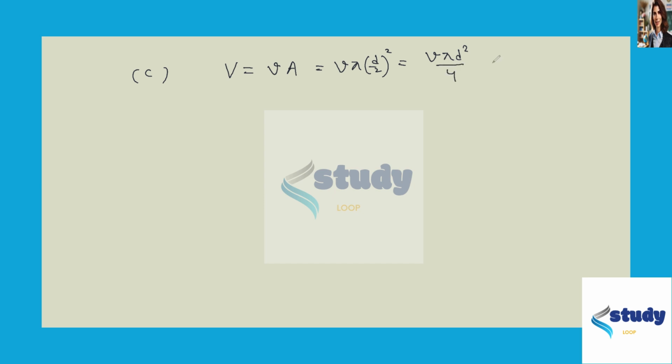Now we know the expression for EMF, which was VBD. So using the expression for V, it becomes epsilon divided by BD. So here we get this volumetric flow rate as pi d square divided by 4 multiplied by epsilon divided by B into D. Here this D is cancelled.